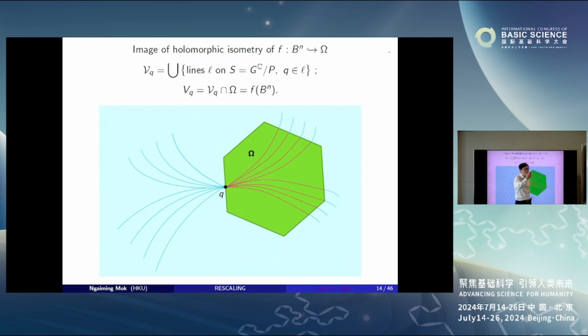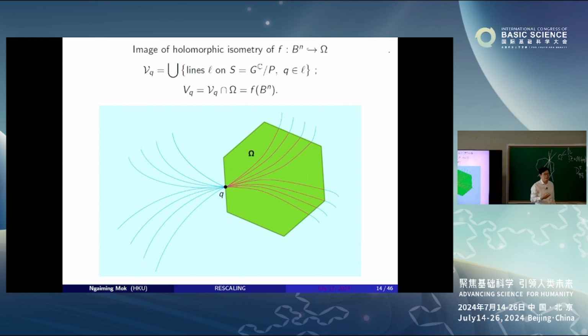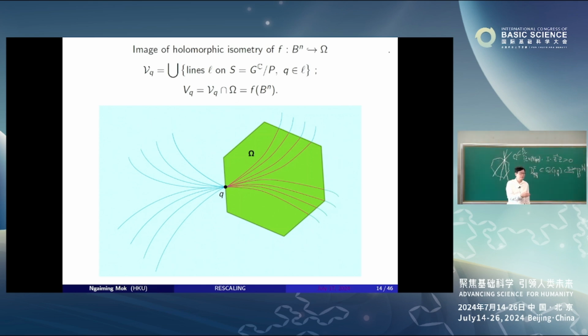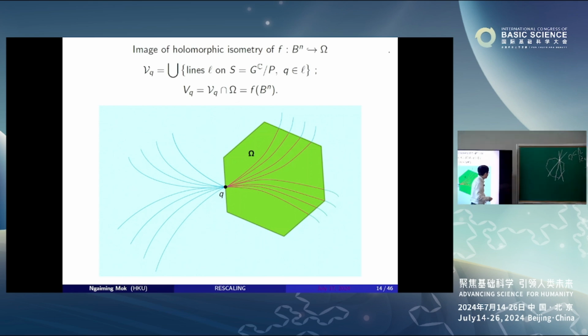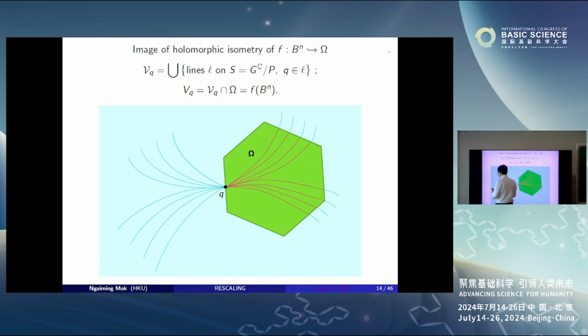And when it exits the boundary, it's actually strictly pseudoconvex. And you can make use of complex analysis to say that the holomorphic sectional curvature is -2, and therefore it's a ball. It's an isometric copy of the ball. You have to show that it's simply connected and so on. So this is an important example for me.